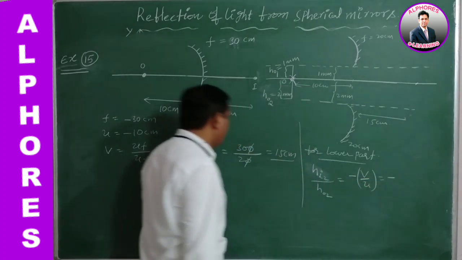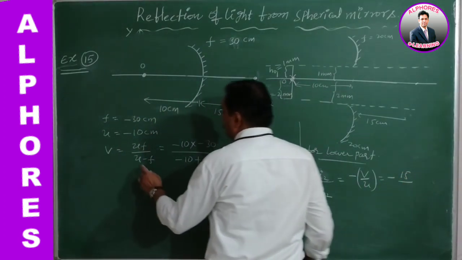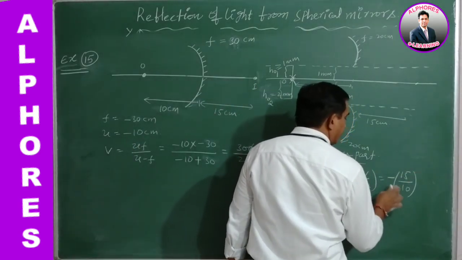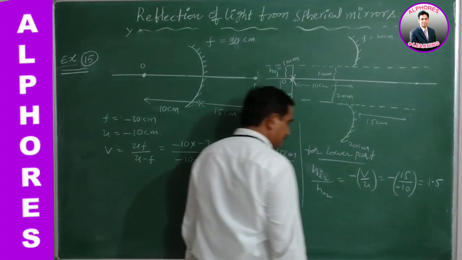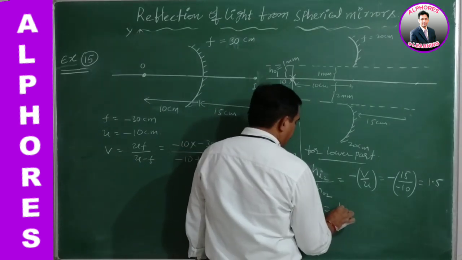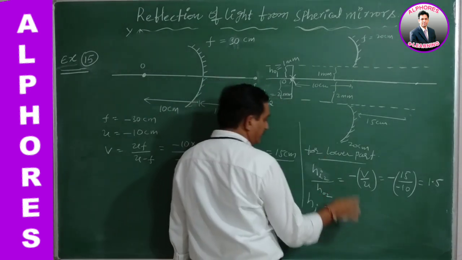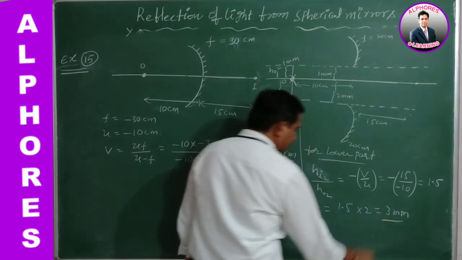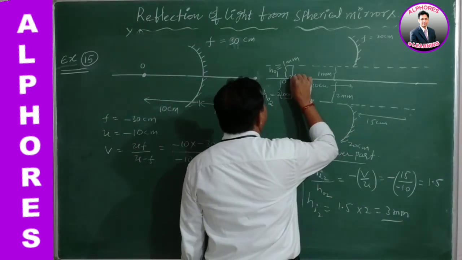Here v is plus 15 and u is minus 10, so the magnification is 1.5. So hi2 is 1.5 times ho2, which is 2 millimeters. That gives 3 millimeters, meaning it is an erect image.